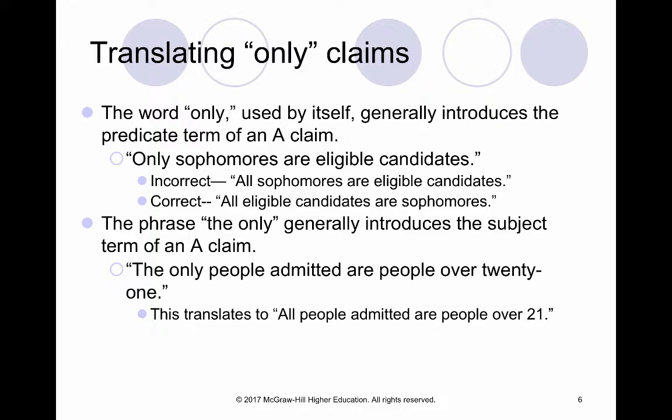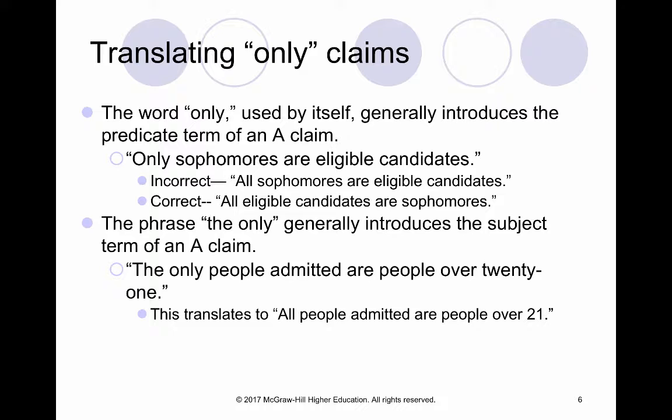If you see the words the only, not just only, but it has a the in front of it, at the beginning of the claim, then it's in the right subject predicate order. The only people admitted are people over 21 can be translated to all people admitted are people over 21. When you just see the word only in a claim, you need to flip those terms around to make it correct.